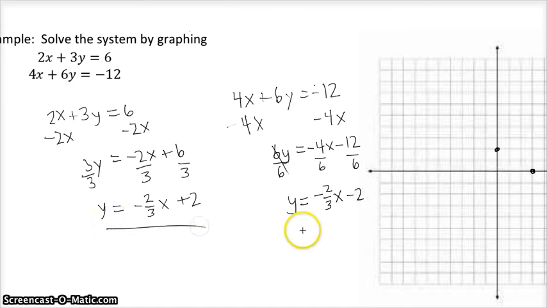So here's my first line. Here's my second line. So I'm going to start at a negative 2, go down 2 to the right 3. So what I need to do is make lines going through these points. So here's my first one.